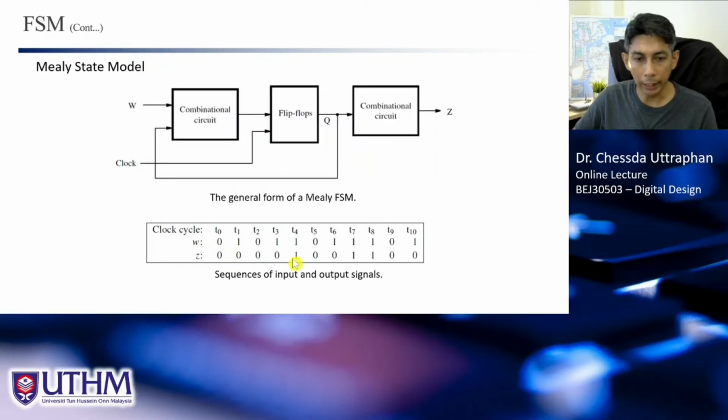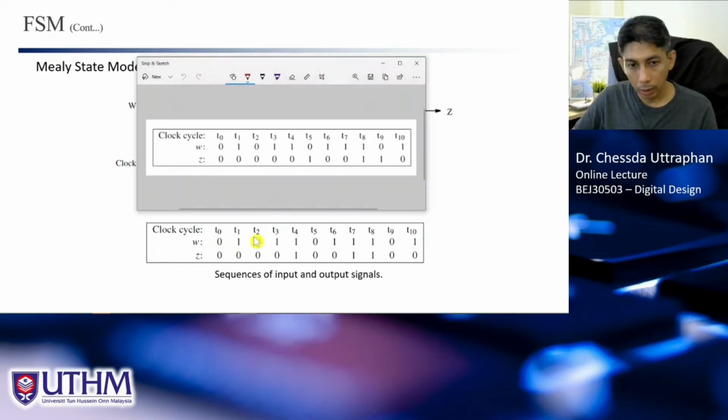But for Mealy, when we look at it, we can see 1, yes, still 1, but the output here is not delayed by one cycle. It immediately appears here at Z. For example, here 1 1, so the output is 1 here.